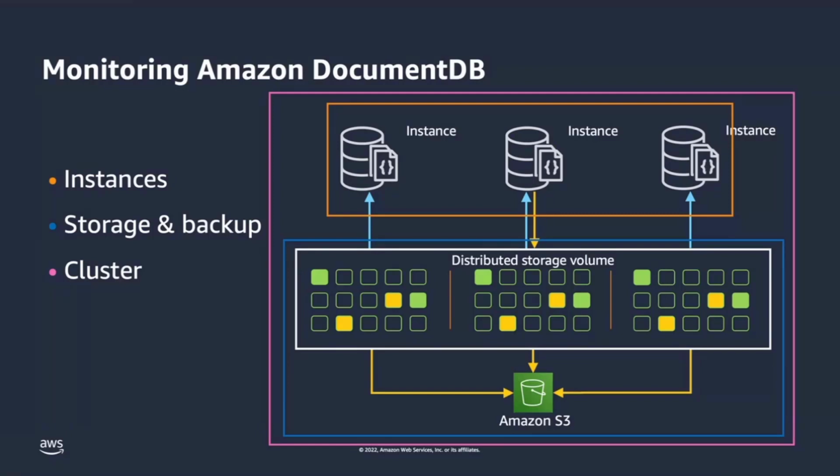That distributed storage volume that you see there, the storage layer, that is what handles the replication of the data 6 ways across the 3 availability zones. And then the backup, there you see the arrows pointing to Amazon Simple Storage Service, or S3. All right, backup is offloaded to the storage layer, so there is 0 impact to the compute layer.